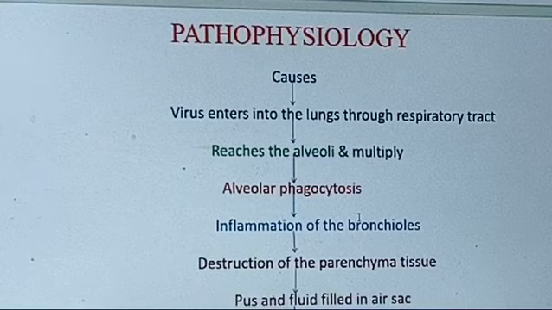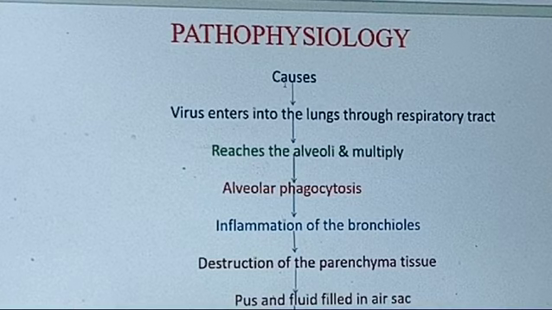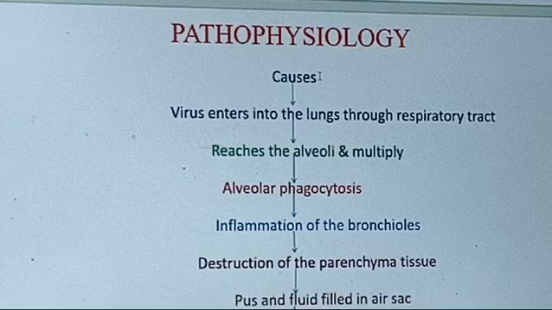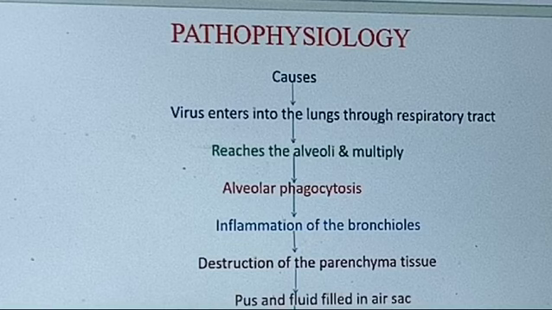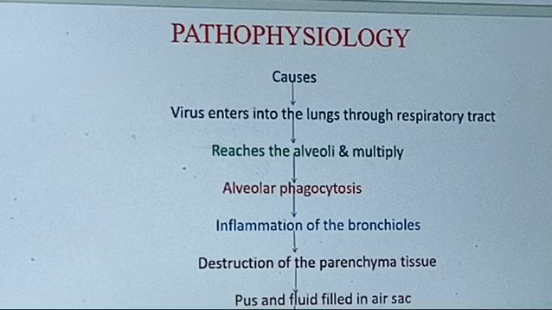Coming to the pathophysiology of pneumonia: any of the causes we discussed, the etiological causes, any bacteria, virus, or allergy, lead to the organism entering the respiratory tract and the lungs. After entering, it reaches the alveoli. There it starts multiplication and development of the virus or bacteria.